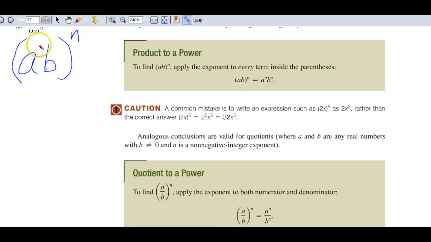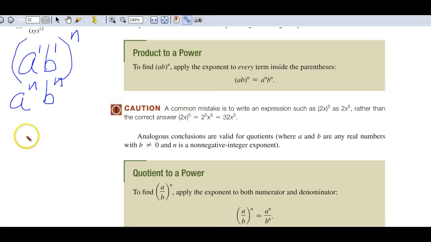Now, there is an exponent by the a that we don't write. It's a 1. So actually, then we're raising this 1 to the nth power, and we multiply here. So this becomes a to the nth, b to the nth, with no parentheses.